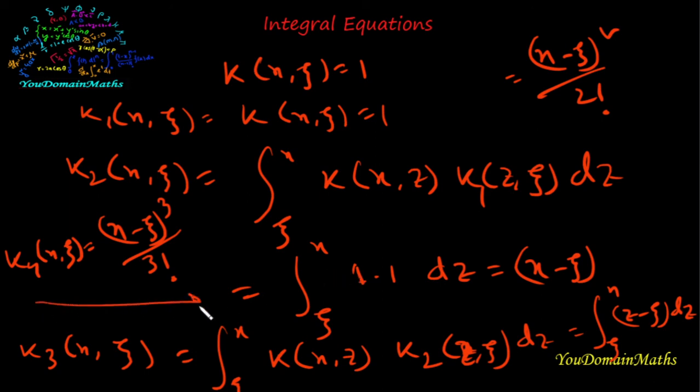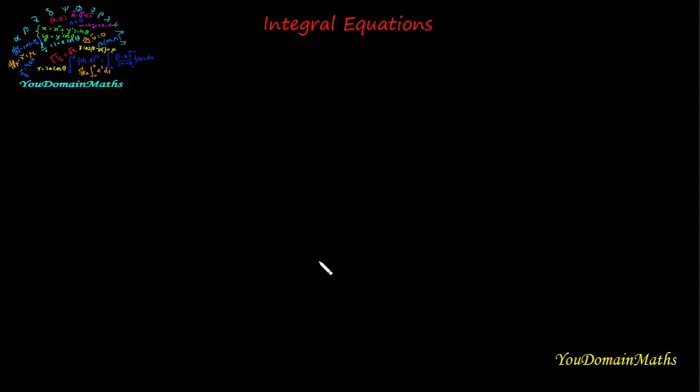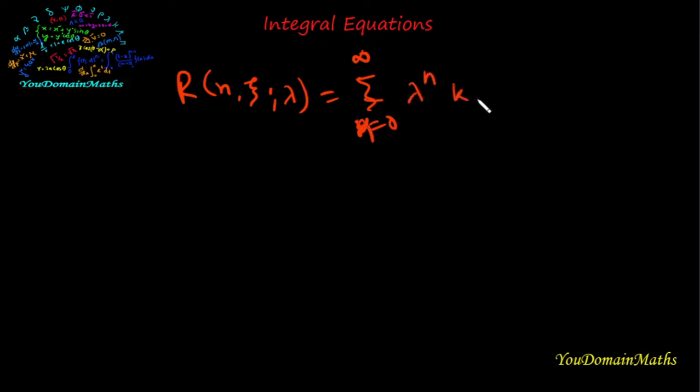From the iterated kernel we find the resolvent kernel. That means the resolvent kernel R(x, xi; lambda) equals the summation from n equals 0 to infinity of lambda to the power n times K(n+1)(x, xi).